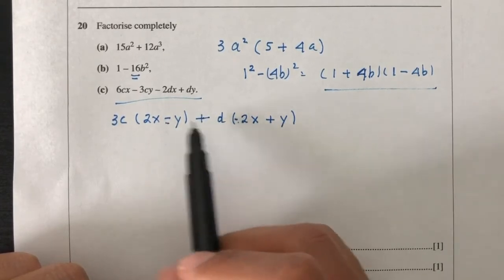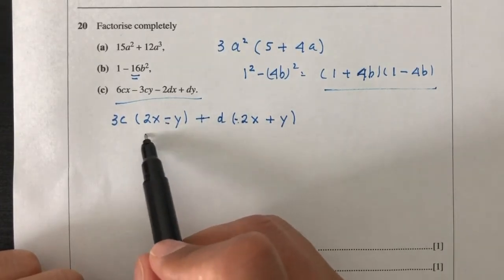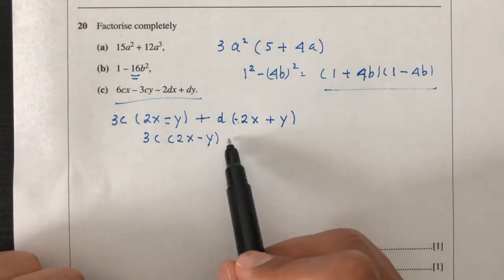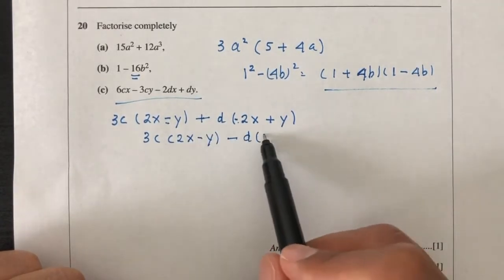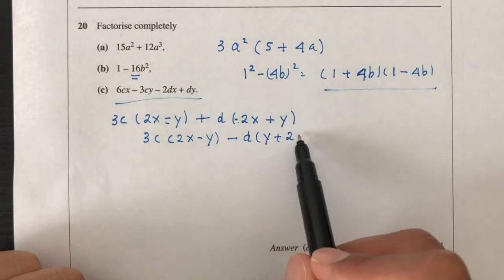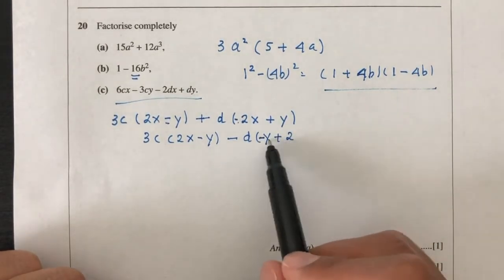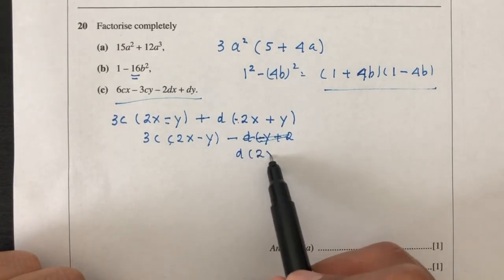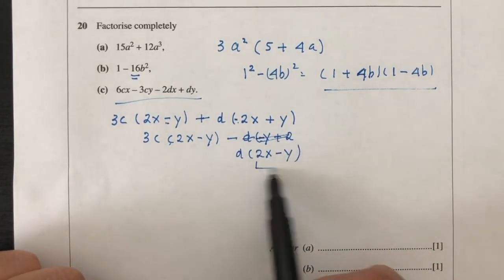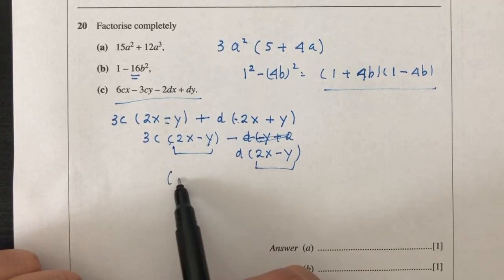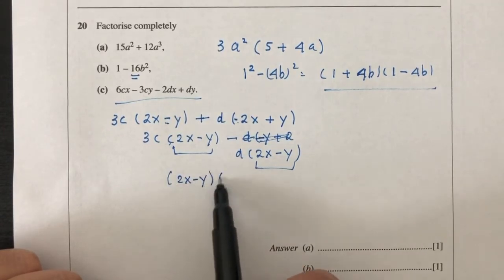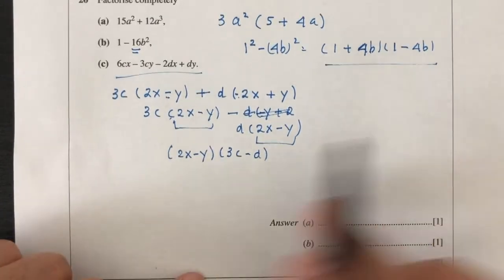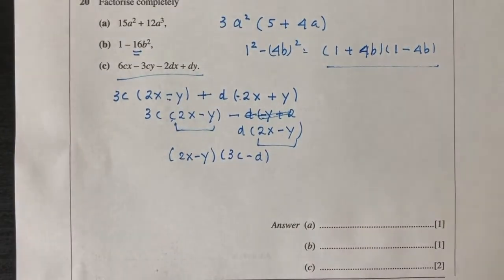So let's take out this minus outside and see what we have. So 3c, 2x minus y, minus d, y minus 2x. Let's write this in this form, d times 2x minus y. So now this is the same as this, so we take this out and the rest will be 3c minus d. That will be your answer for part C.